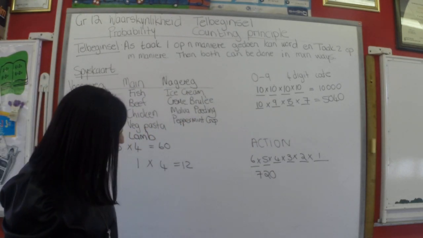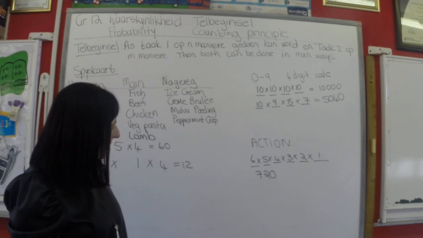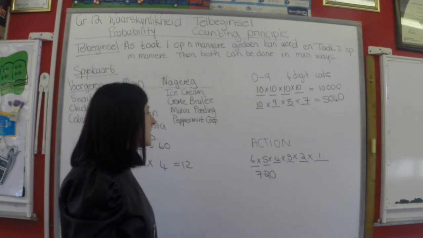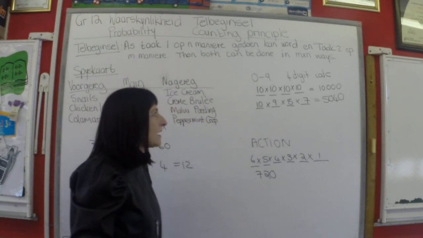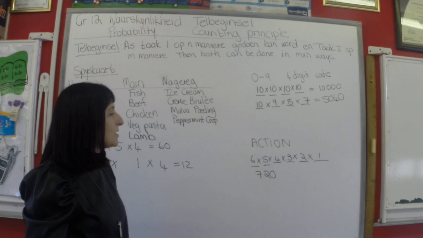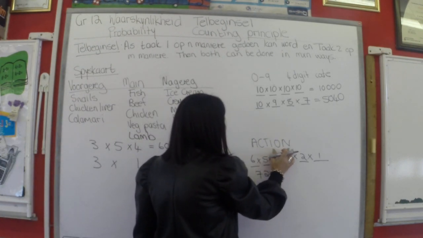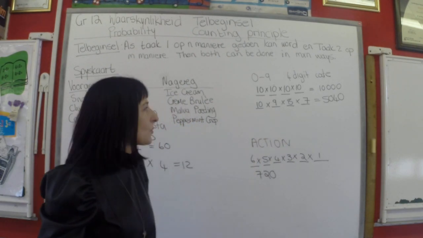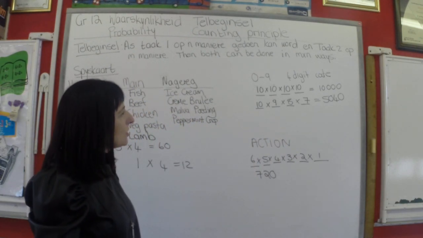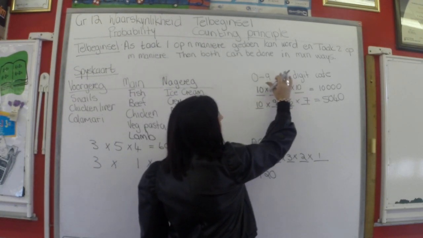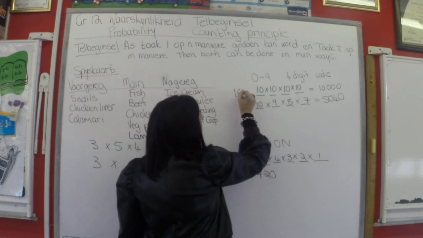So daar is 720 6-letterwoorde wat ek moontlik kan bou uit die woord action, but I may not repeat a letter because there are 1, 2, 3, 4, 5, 6 different letters, not one of them are the same.